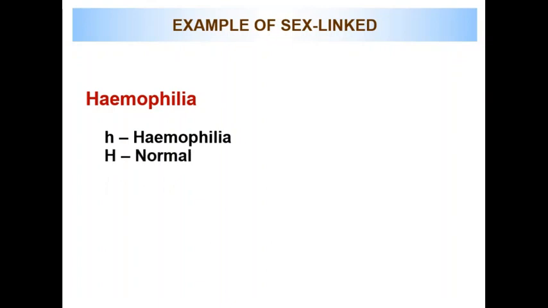One example of sex-linked genes is the blood clotting disorder, hemophilia. For your information, hemophilia is sex-linked recessive inheritance. The recessive allele that may cause hemophilia is lowercase h, while the normal allele is capital letter H. Either one of these alleles may be located on the X chromosome only.